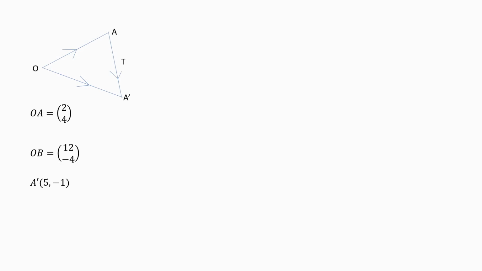So from the coordinates we've been given of A prime, it means that the vector OA prime is (5, negative 1). Then we shall let the translation vector equal T. To get T, you move from A to O through OA prime. Since we have OA, we can express this as negative OA plus OA prime.